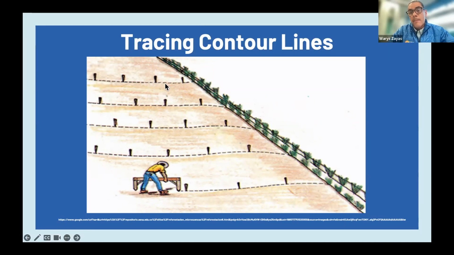Let's say, for example, we want to work all this area, and this slope here has a higher percentage than the one here. What we're going to do is separate that area into two plots, because the degree of the slope will affect the effectiveness of our contour line tracing, okay?